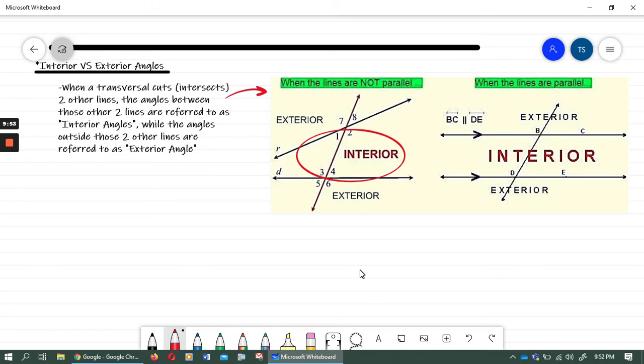Again, folks, you'll need to know that because when we discuss some of these particular types of special angle pairs that are formed with two lines and a transversal, you'll need to know that.